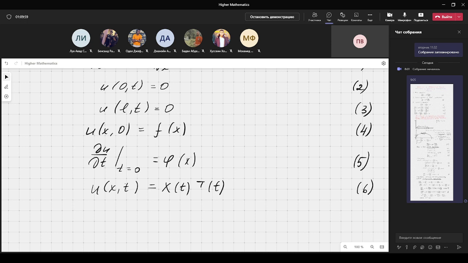Substituting into equation 1, we get X(x) times T'(t) equals a squared times X''(x) times T(t).